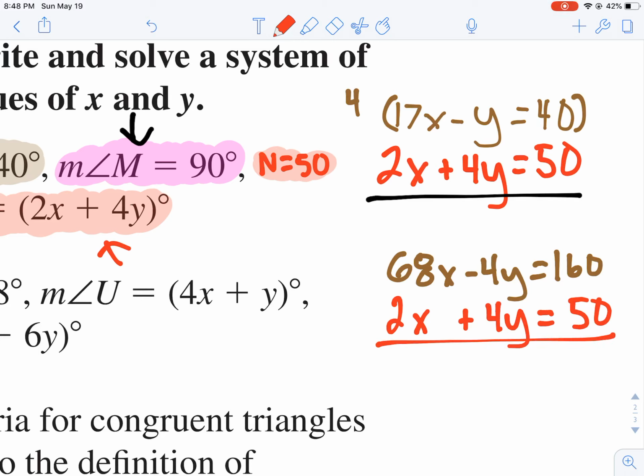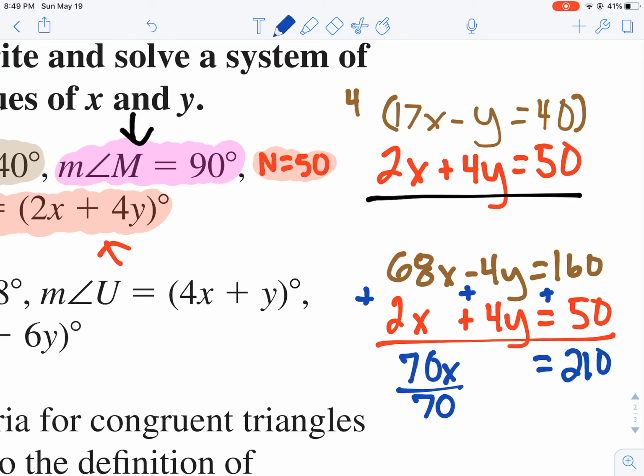Now I can just do a little bit of math here, using elimination. Add negative 4y and positive 4y, that's gone. I like that. I add 160 and 50. I'm going to do this in a different color actually. I get 210. So if you notice, I'm adding all these. And 68x plus 2x gives me 70x.